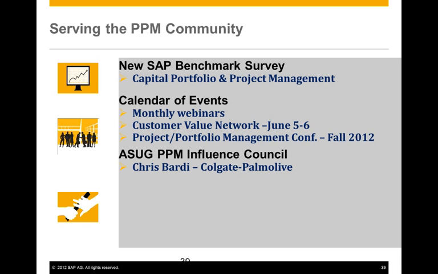I think as people have been maturing some of their project postures, they're getting more advanced in their portfolio management postures as well. And I think that the market is really ready and available to start doing more community and help each other move up that maturity curve.